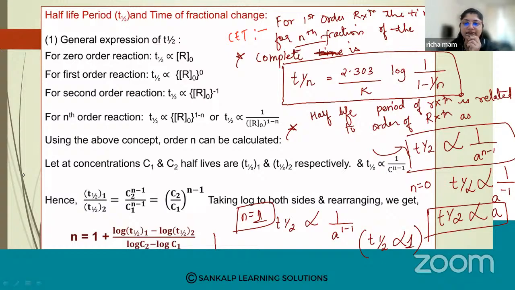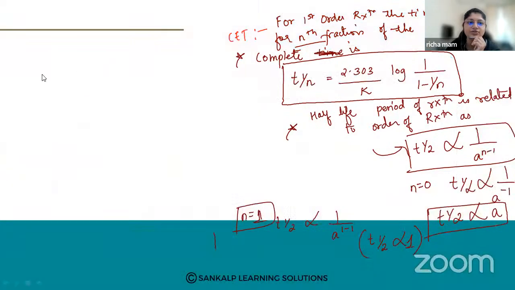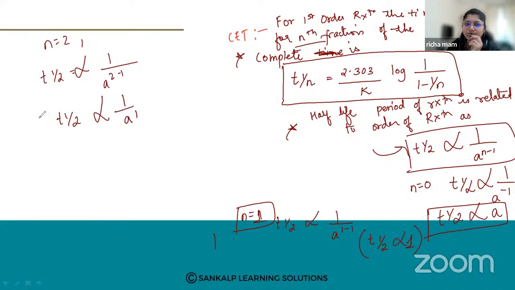Now, what will happen if we take n equals 2? Let us see with n equals 2. Substitute and see. T half will be directly proportional to 1 by A raised to 2 minus 1, so T half is proportional to 1 by A raised to 1.